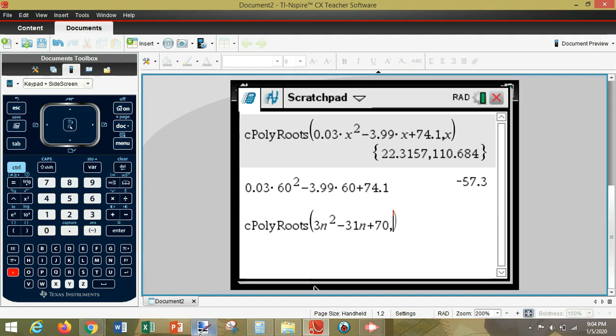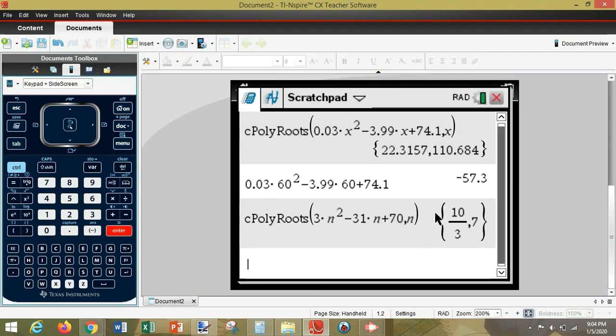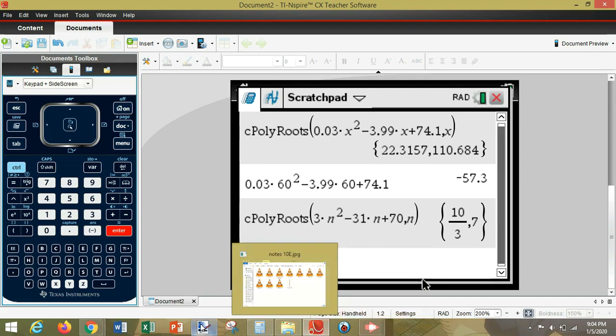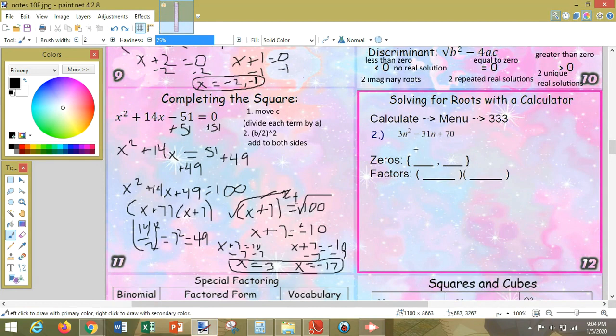And then we put comma n. You'll put comma n and not x because we used n in this expression. You could use x if you'd rather do that instead though. Press enter. These are your two solutions, 10 over 3 and 7. So we'll write that 10 over 3 and 7. So don't forget the comma n.